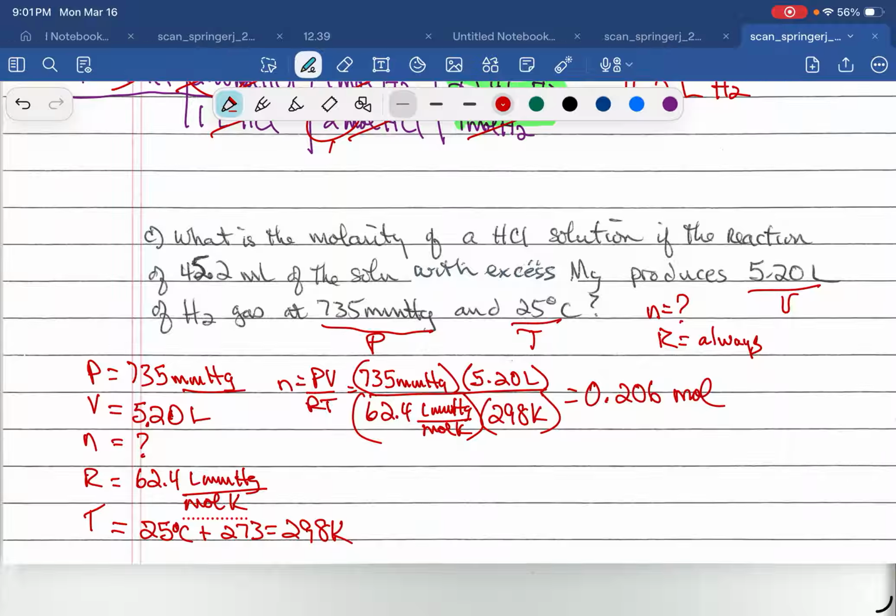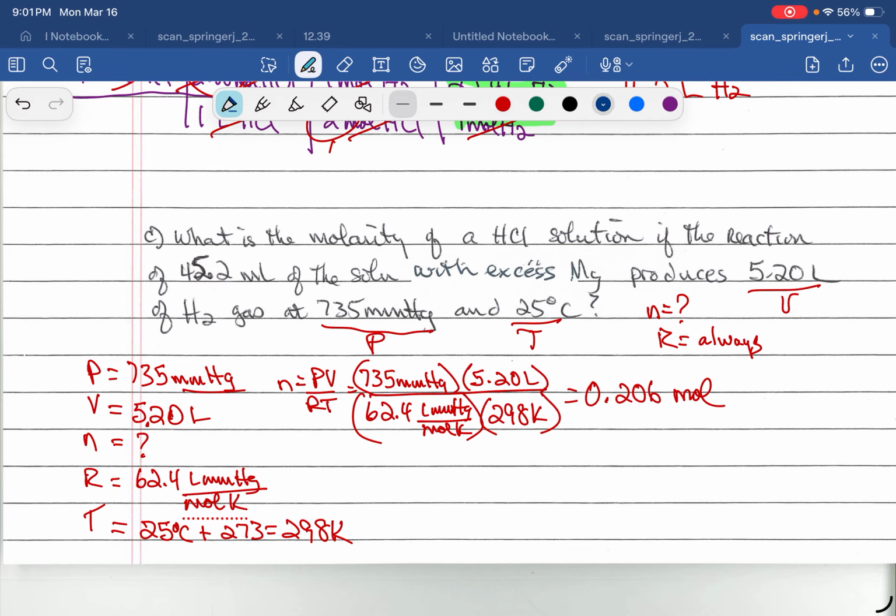It was actually 0.2055 something. The best way to do it would be to leave what was in the calculator and use that number to go forward. But to get the answer that the book came up with, I have to go ahead and do the rounding at this point. So we'll go ahead and do the rounding at this point.